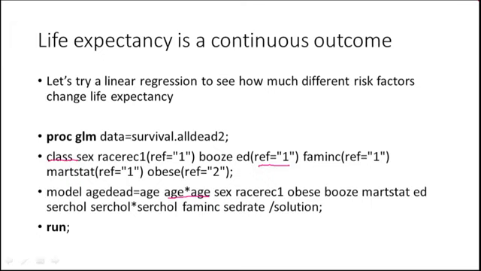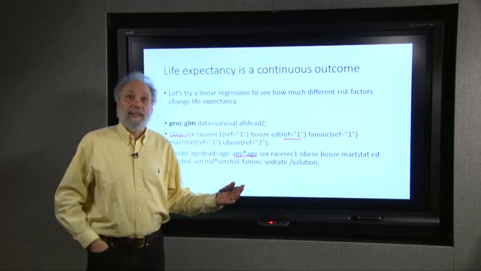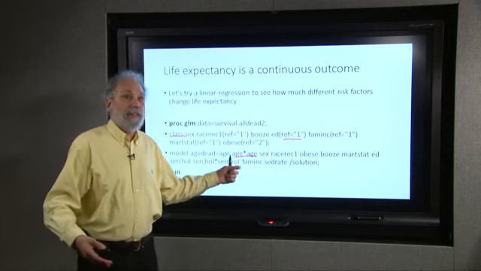But we can check that by looking at what we see with these variables. I've got sex, race, obesity, booze, marital status, education, serum cholesterol, which I've also put in as a quadratic term, family income, and sedimentation rate. So that's a standard linear regression that we can do in proc-GLM.